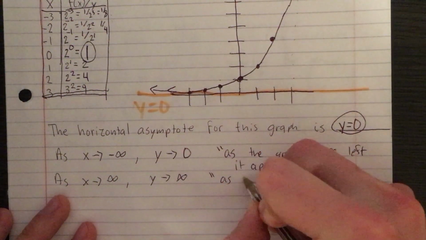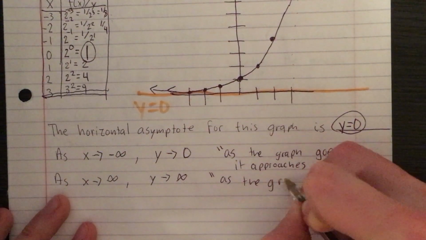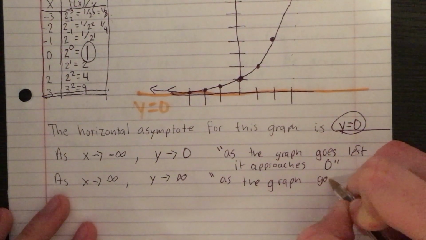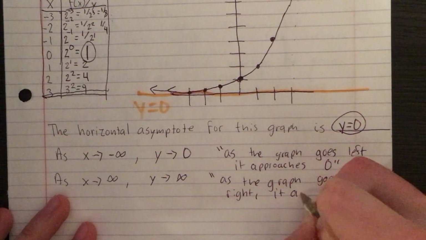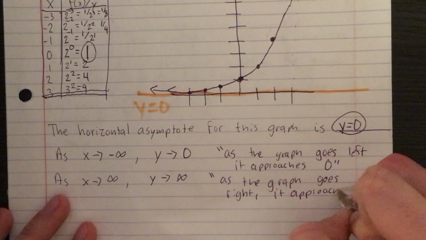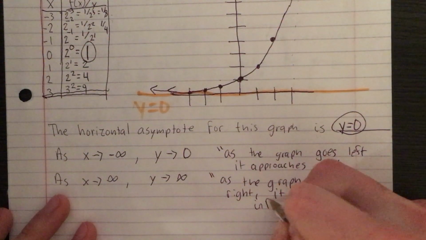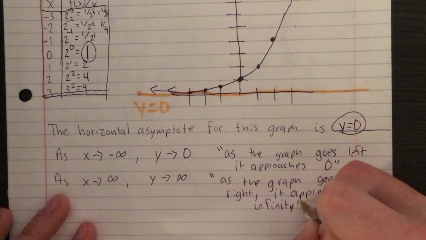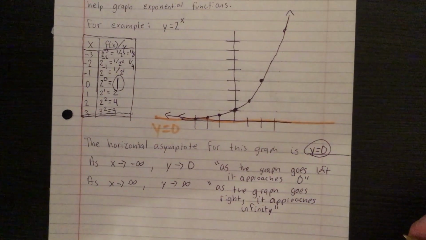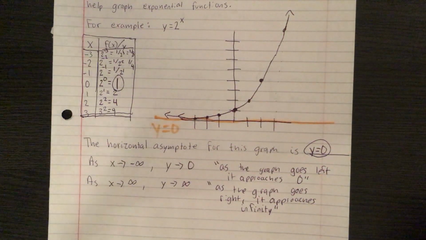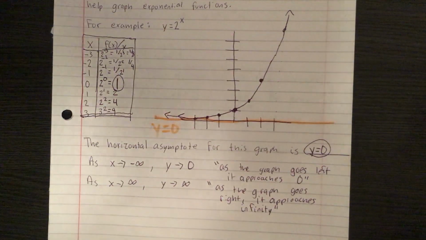So we can say as the graph goes right, it approaches infinity. And so that's a general idea for how we can look at the graphs of these exponential functions.